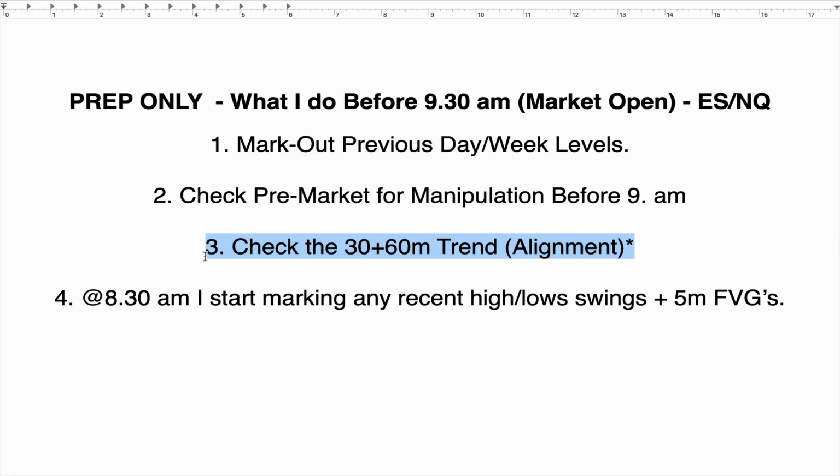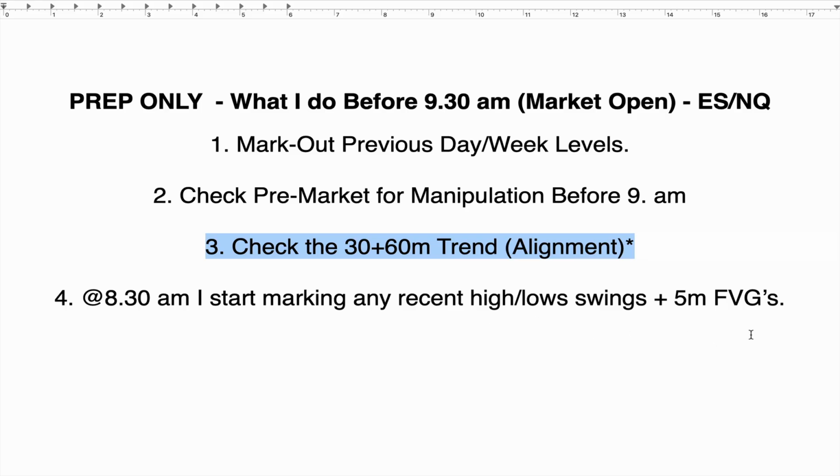Or what will happen is the trend will start to turn down and in effect pull price down with it. Okay, so I call that a misalignment. So I check for that. And I try and avoid trading on days where there's a possible misalignment.